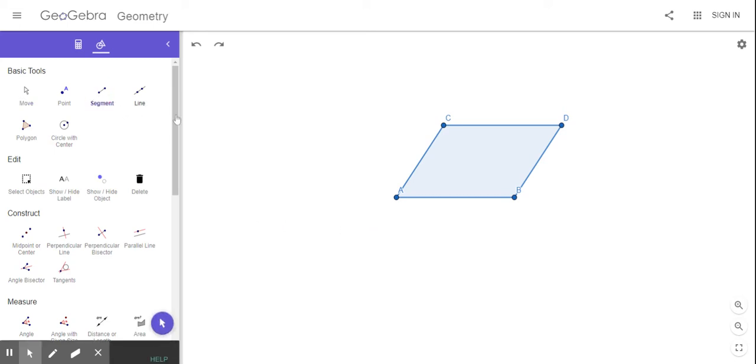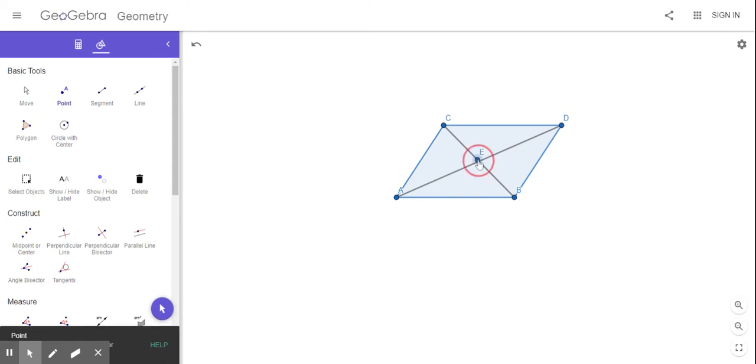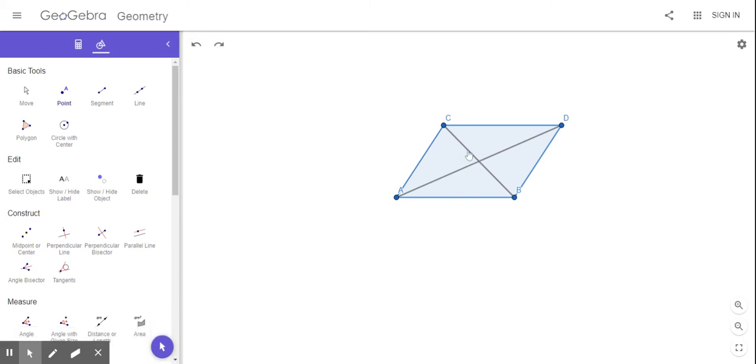What I'm going to do now is actually draw the diagonals, or construct the diagonals. Hang on, I messed it up. There we go. Sorry. Okay, so the two diagonals going across. And then at the intersection, I'm going to put a point. If I could get it on the point. There we go.